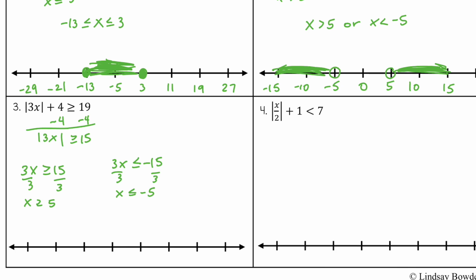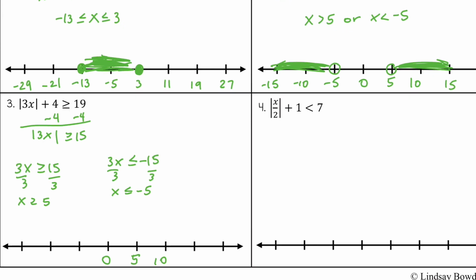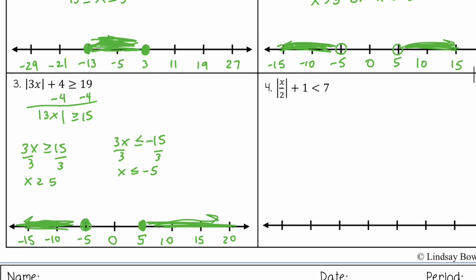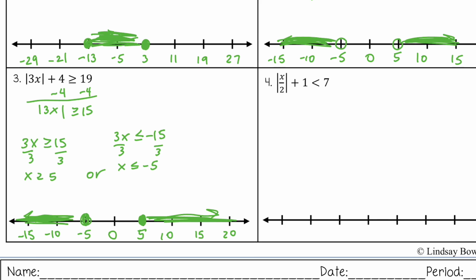So again, I think counting by 5s is good here. So x is greater than or equal to 5, so closed circle, greater than. And then it's less than or equal to negative 5, so we're shading on the outside here. And you can write that with the or in the middle.